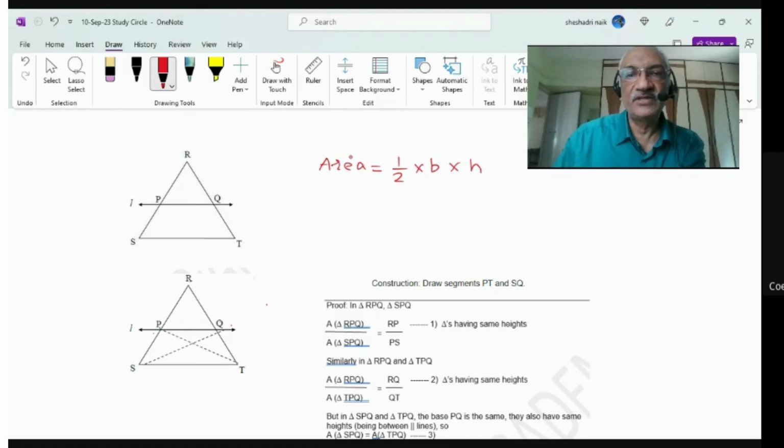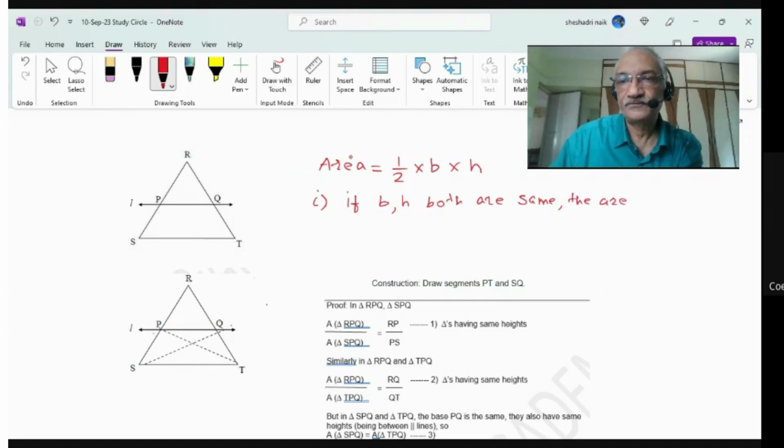So point number one is that if B and H both are the same, the area will be equal.